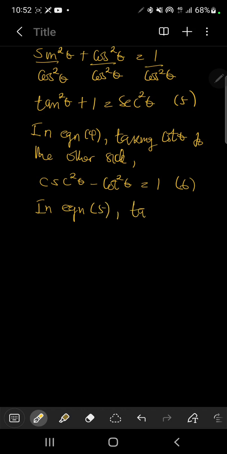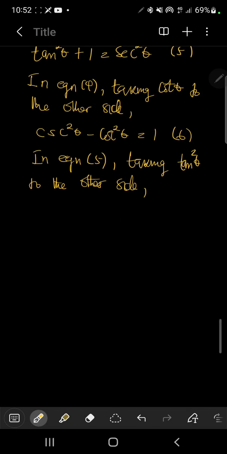Then we can say in equation 5, taking tan squared theta to the other side, what do we get?